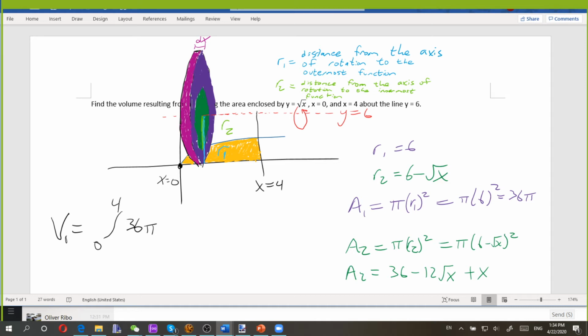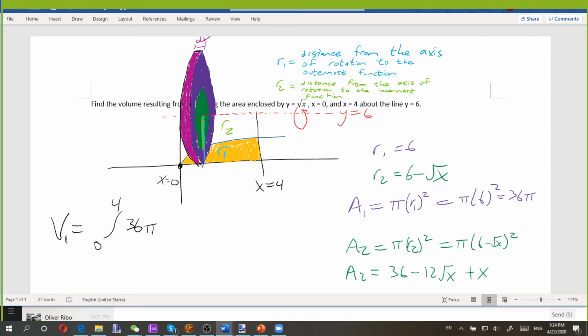Got 36 pi times, I need one more dimension. Not 6. So this is how deep this two-dimensional purple disk goes. Here, this depth is my infinitely small dx.